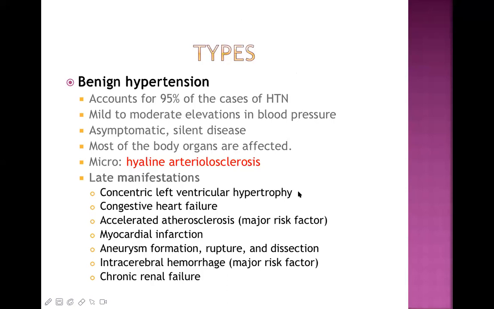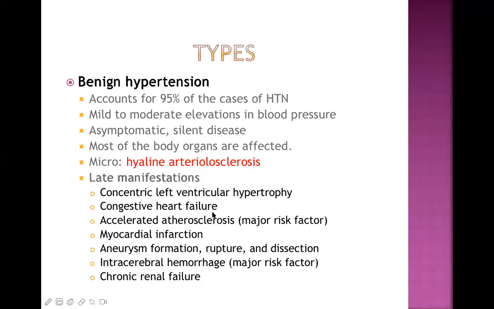Concentric left ventricular hypertrophy in the heart. That means the wall of the left ventricle is thickened, and this thickness is towards the chamber or the lumen, so that the diameter of the chamber is decreased, which leads to problems during the diastolic refilling phase. So there is development of back pressure, and it can lead to pulmonary edema.